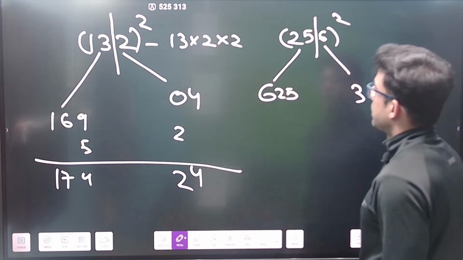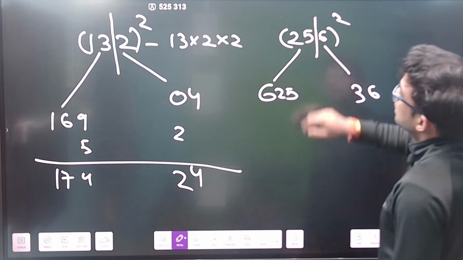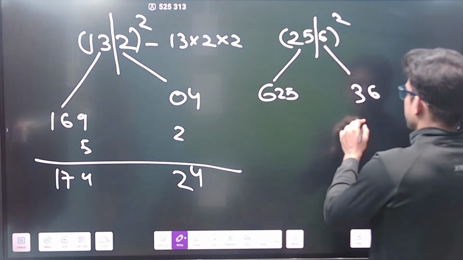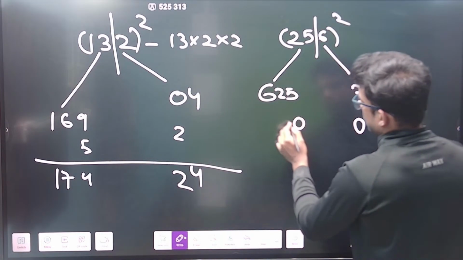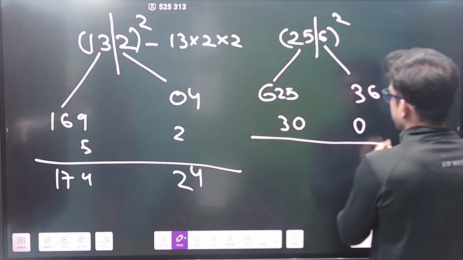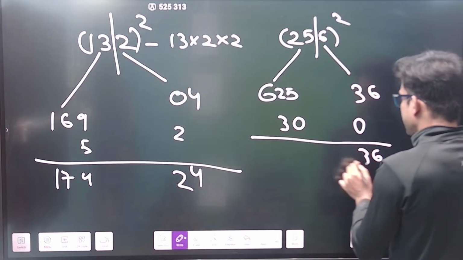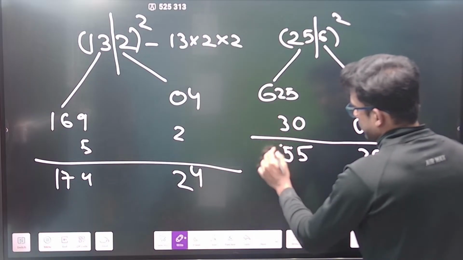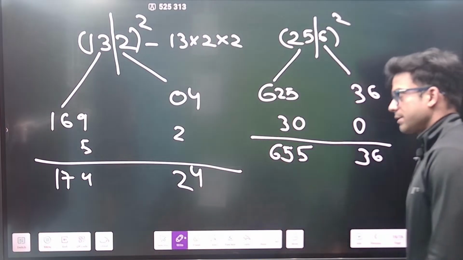Correct, no? 25 sixes are 25 twos is 50, 56 is 300. So write down 0, 0, and 3. Put the mark here. So you'll write 6, 3, 5, 5, and 6. So 6 5 5 3 6 is the correct answer.